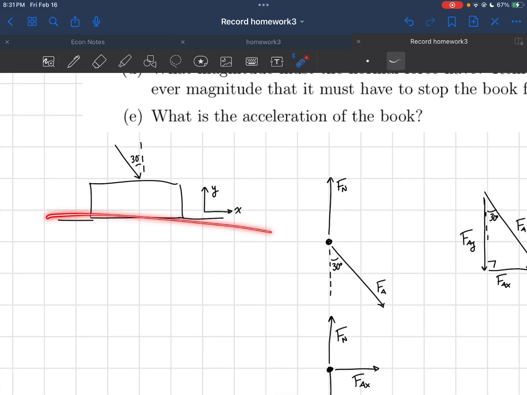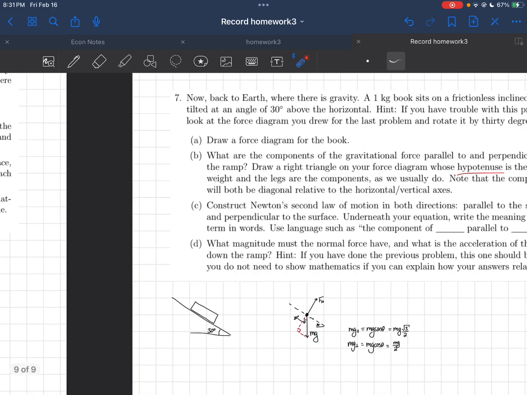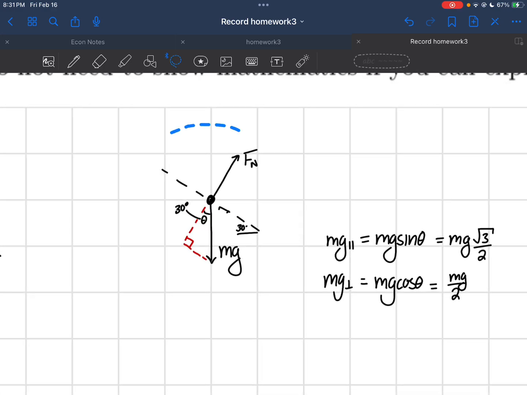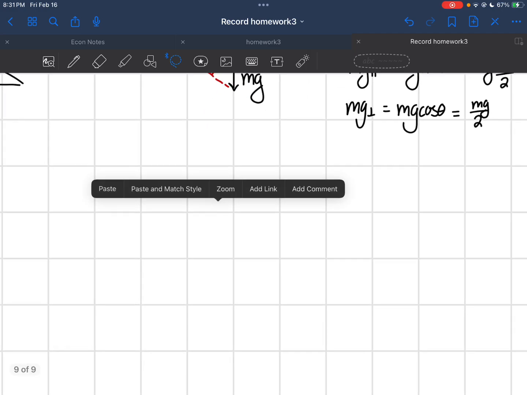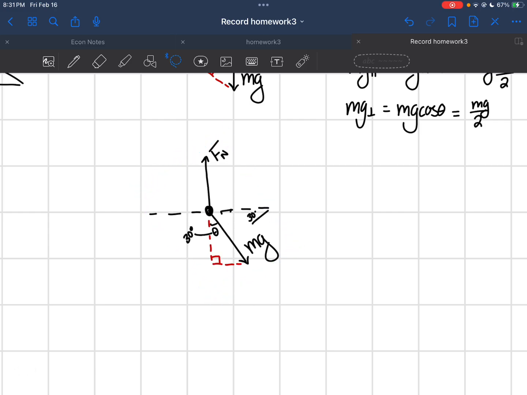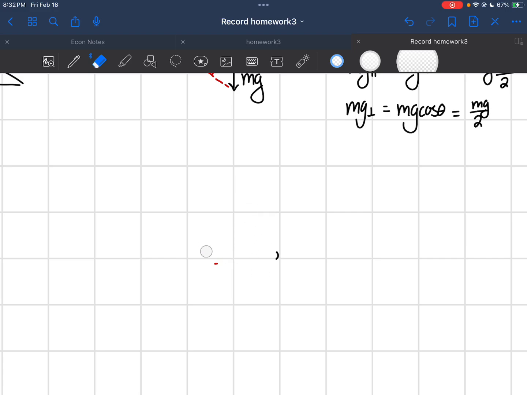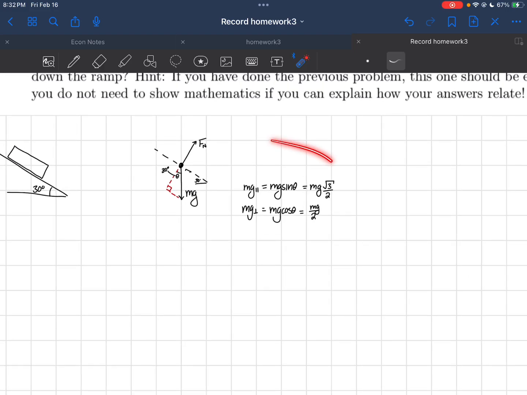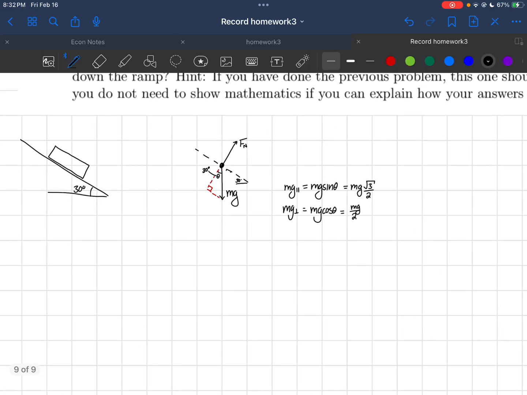The only difference is that my force diagrams look a little tilted to what they were over here. But if I were to just copy this and rotate it, it looks exactly the same as our previous problem. So all we did really was tilt our frame of reference into parallel and perpendicular instead of x and y, and it makes things a lot easier.